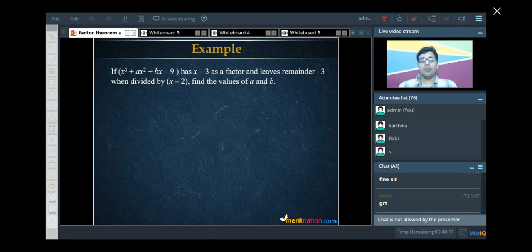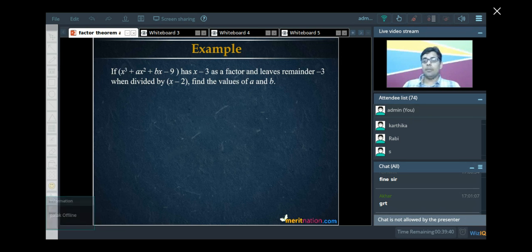The next example is here. If the polynomial x cube plus a x square plus b x minus 9 has x minus 3 as a factor and it leaves remainder minus 3 when divided by x minus 1, find the values of a and b here. That means in this given example, we have to use both the factor theorem as well as the remainder theorem.